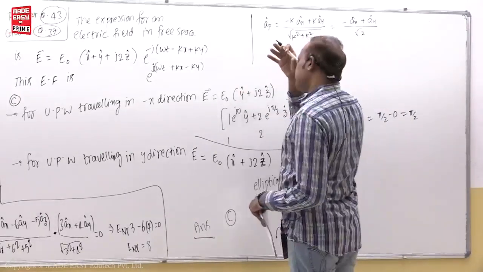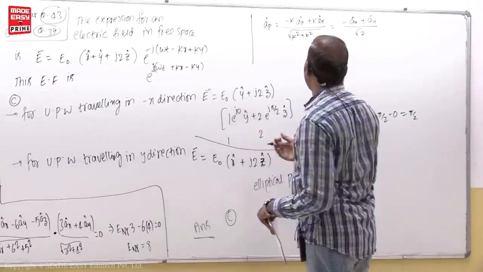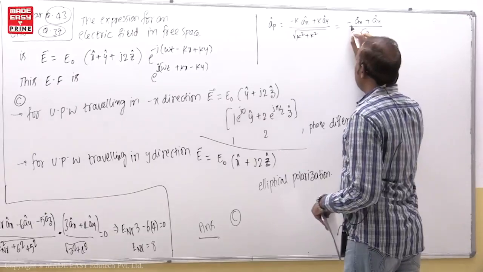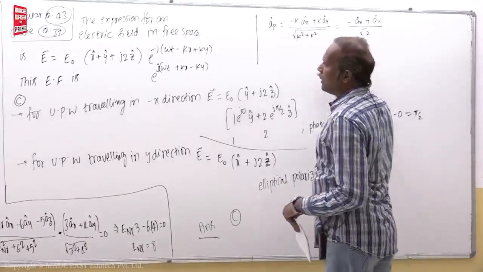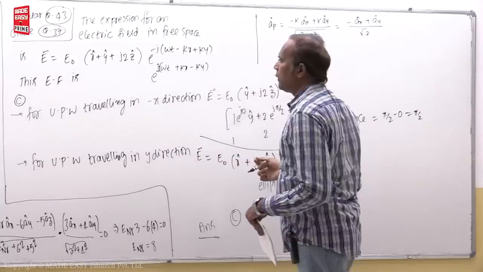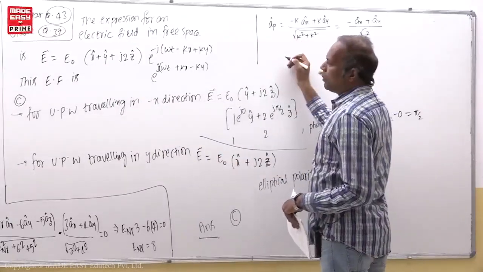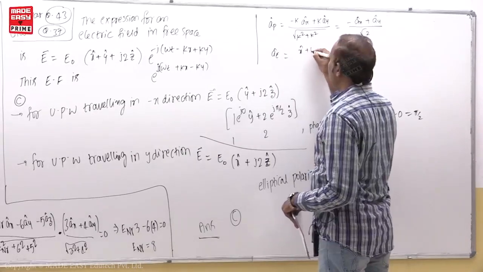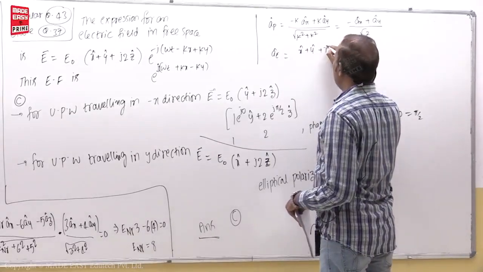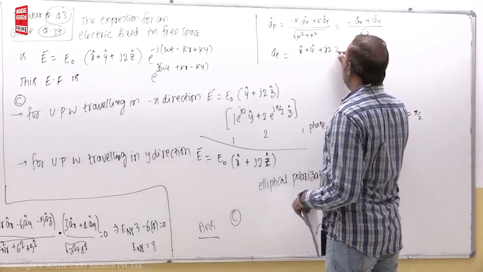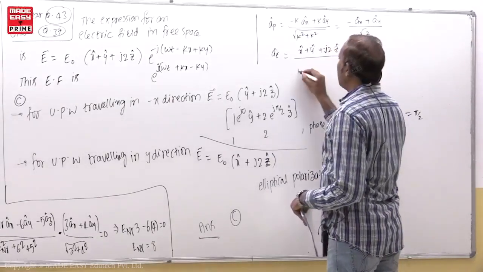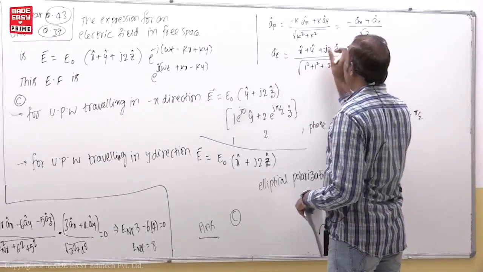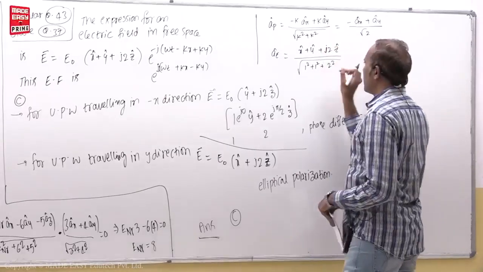Now what is the unit vector in the electric field direction? No need to solve, you see here. Here the x component is minus 1 by root 2, and ultimately you have aE cap equal to x cap plus y cap plus j2 z cap. Here the modulus of this is root of 1 square, and this is 2 square, actually the mod you have to take.